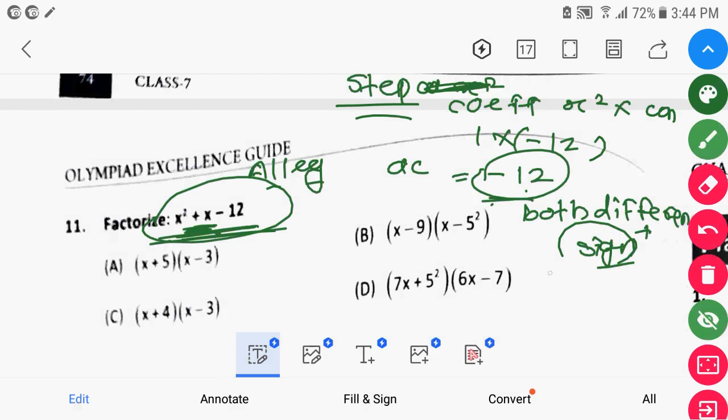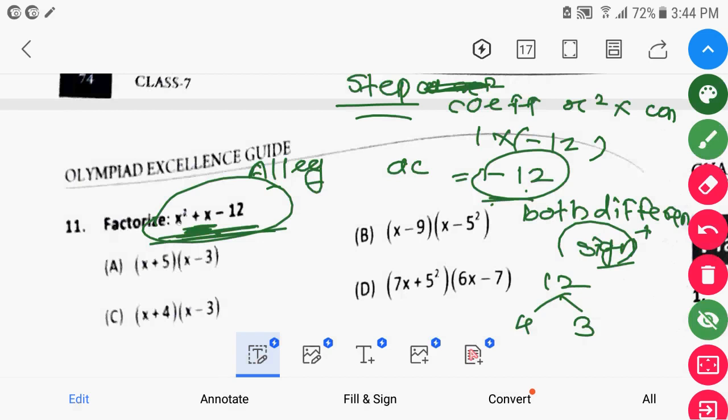Now factorize it. Now 6 twos are 12, but 6 minus 2 or 2 minus 6 cannot be 1. So 12 can be divided into 4 and 3. Now how do we decide whether 4 is negative or 3 is negative?